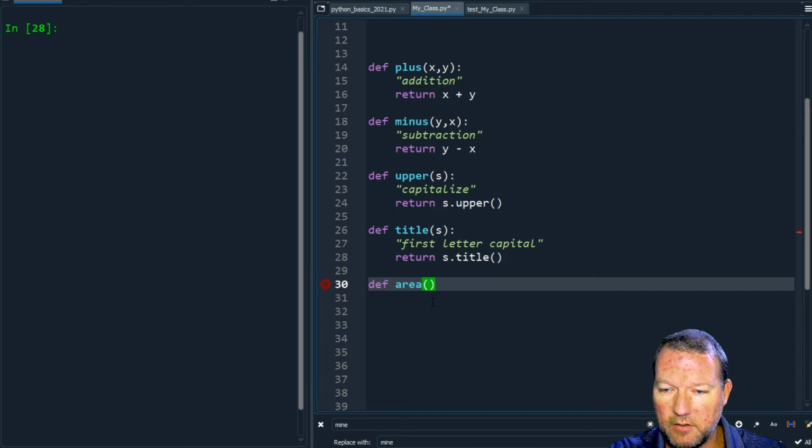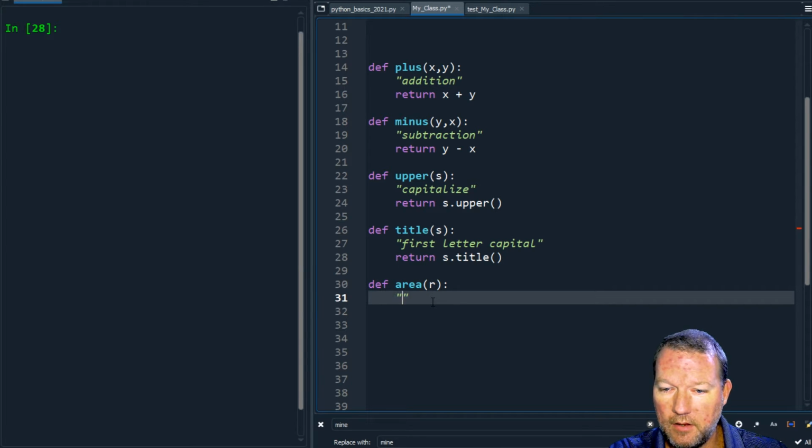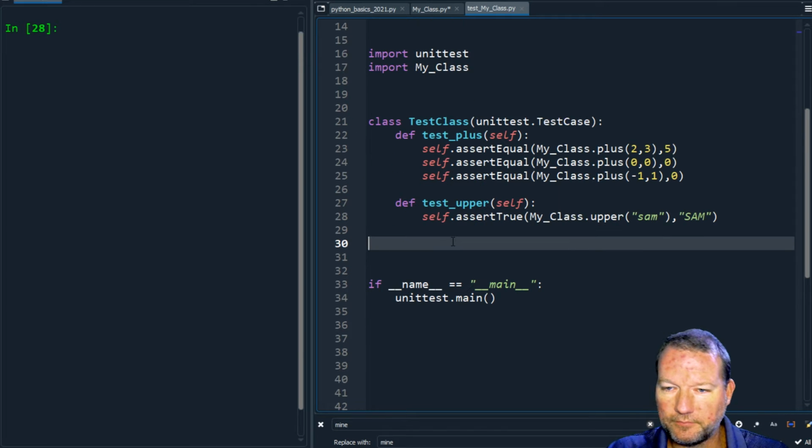So let's just go ahead and get a function over here. We get r and a docstring, and return area. All right, we have that.